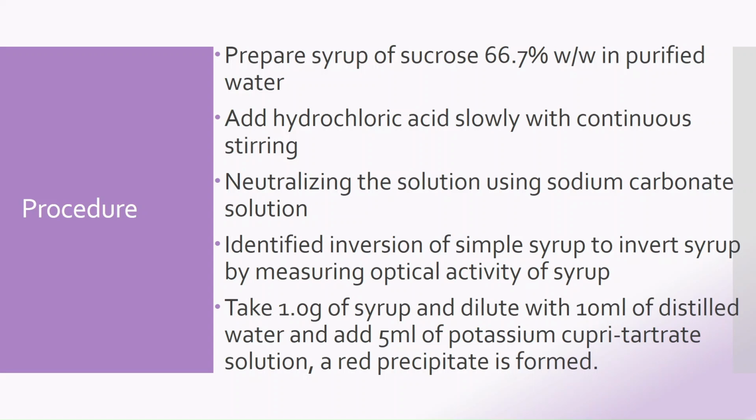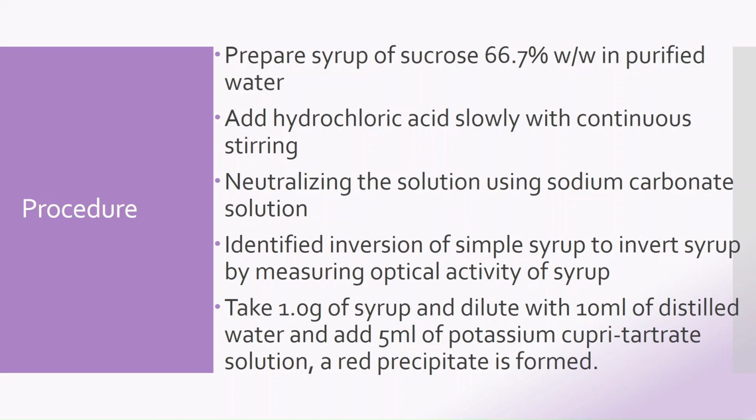After you have done that, identify the inversion of simple syrup to invert syrup by measuring optical activity of the syrup. So after you have done the above, just check whether you have made your invert syrup.